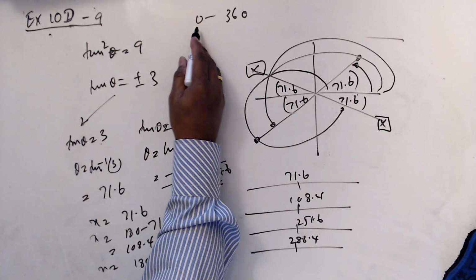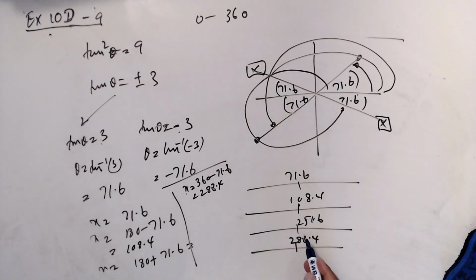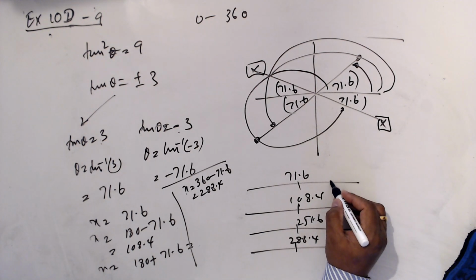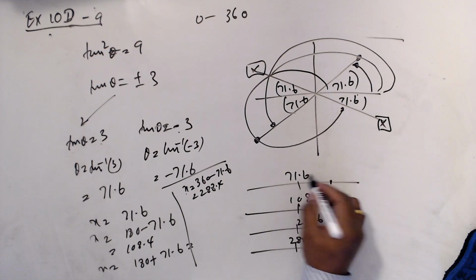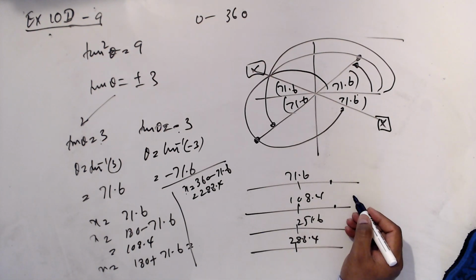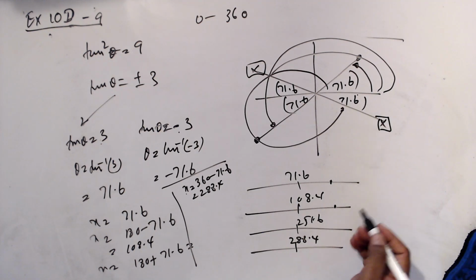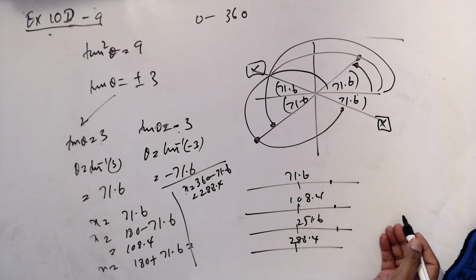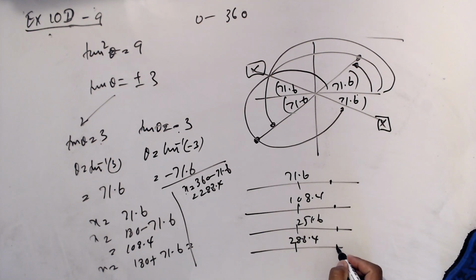Now when I look at this, all answers are 0 to 360. If I add 360 here, this is out. If I add 360 here, this is more than 360. This is more than 360 if I add. This is also more than.